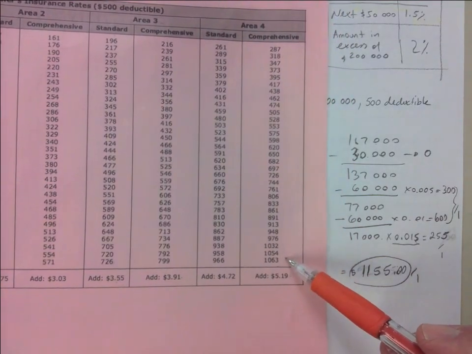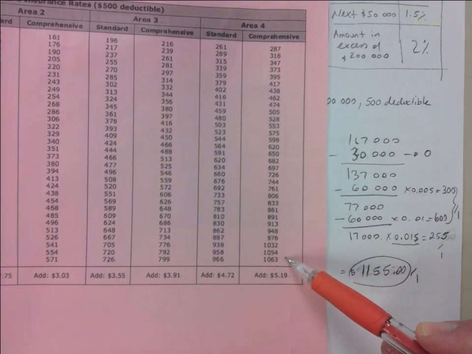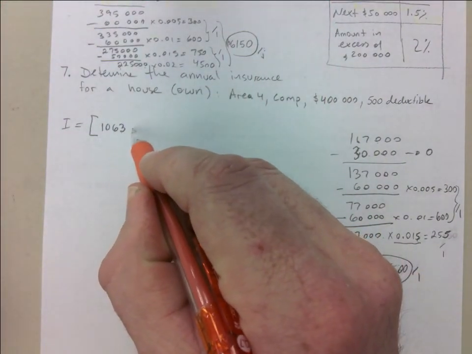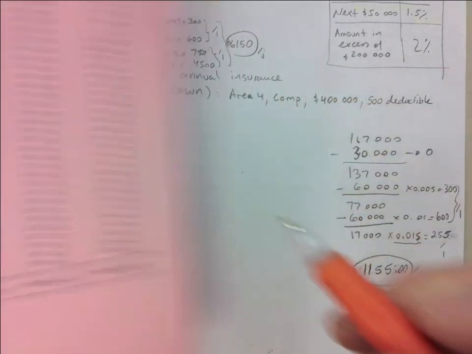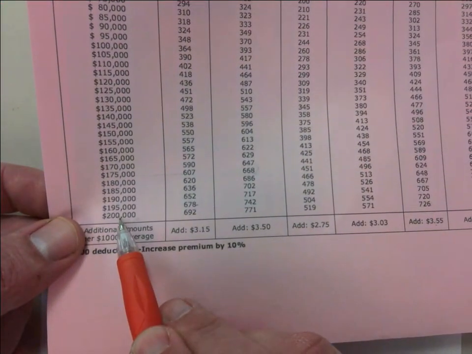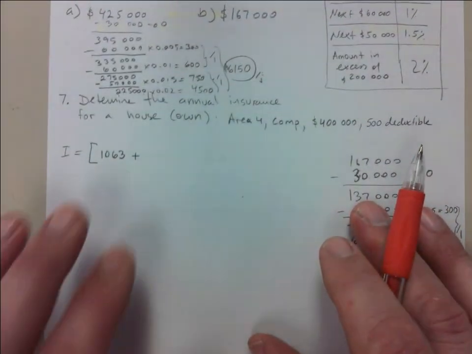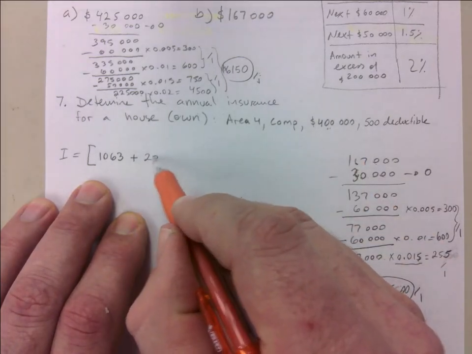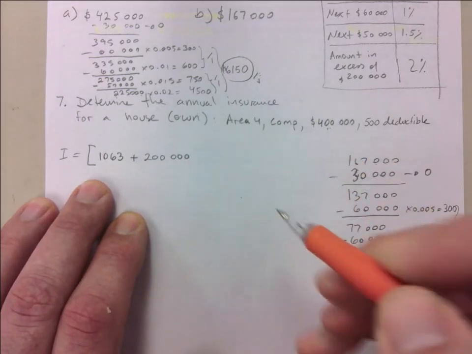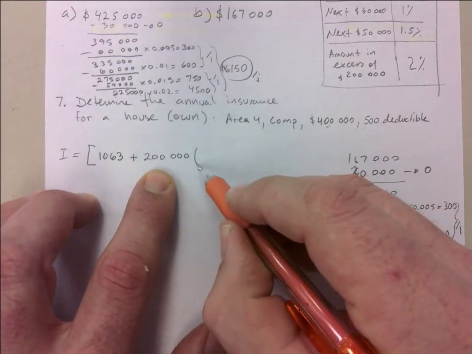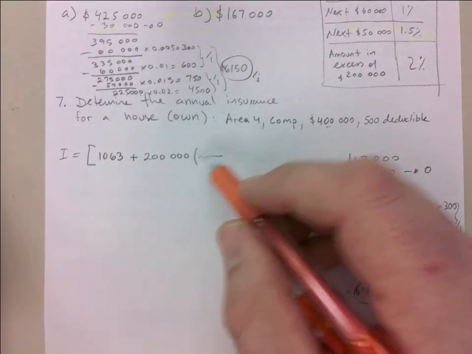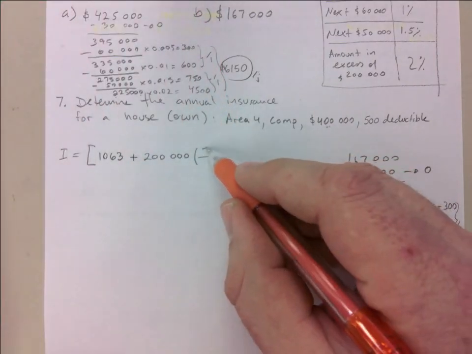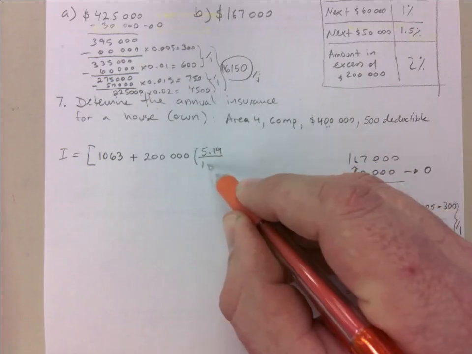Area for comprehensive is 1,063. So this is 1,063 plus. How much more than 200,000 do you need? We need 400,000 in total, so I need to insure another 200,000. And how much am I paying for each 1,000 additionally? 519. So it's 519 over 1,000.